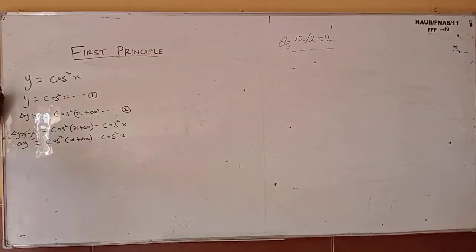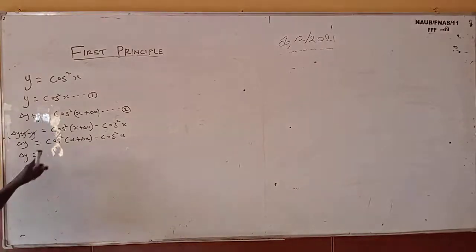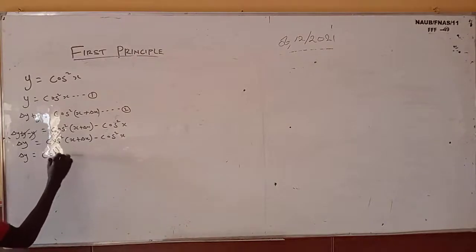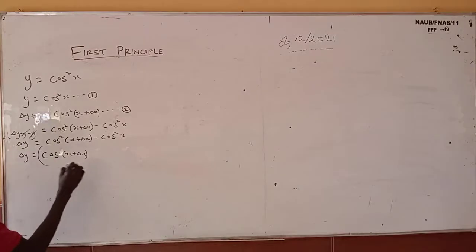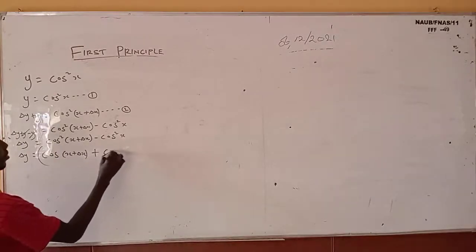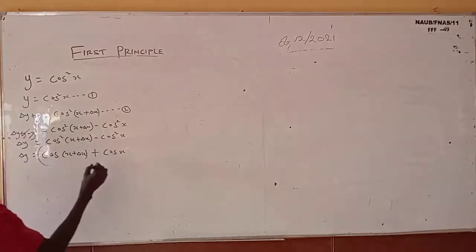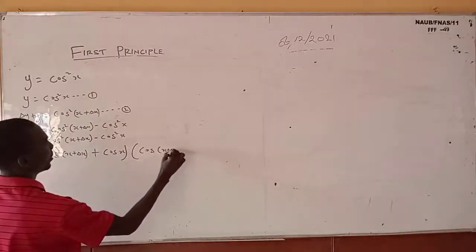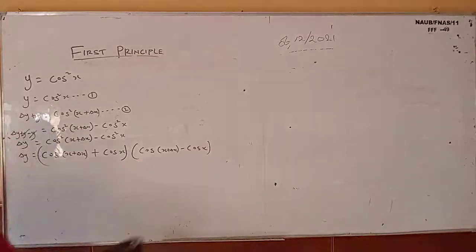So now, if you look at this, change in y will be equal to, this is nothing but the difference of 2 squares. So cos x plus change in x plus cos x, into cos x plus change in x minus cos x.